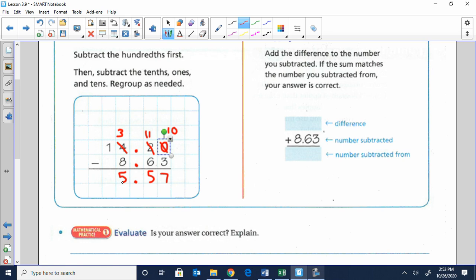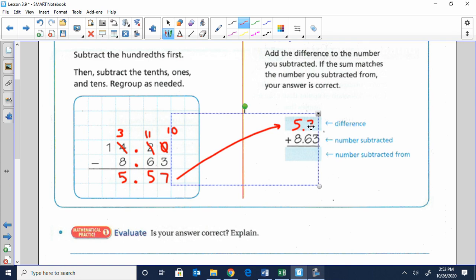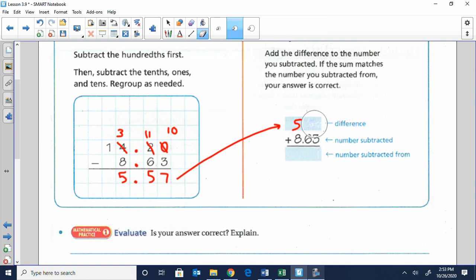We can take this answer, 5 57 hundredths, and add it to the number that we subtracted, 8 63 hundredths, and we can add those two together. So 7 plus 3 is 10, carry the 1. 6 plus 5 is 11, plus 1 is 12, carry the 1. 8 and 5 is 13, plus 1 more is 14.